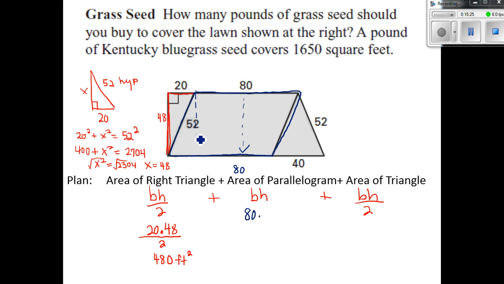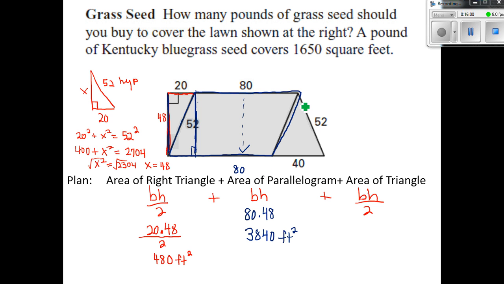The height is where you can drop down and make a 90-degree angle. So hopefully you can see that if this is 48, that this would also be 48. So the area of the parallelogram is 80 times 48, which is 3,840 feet squared.